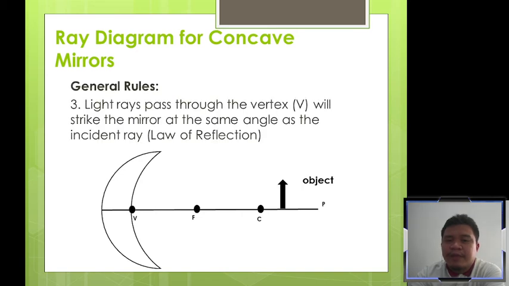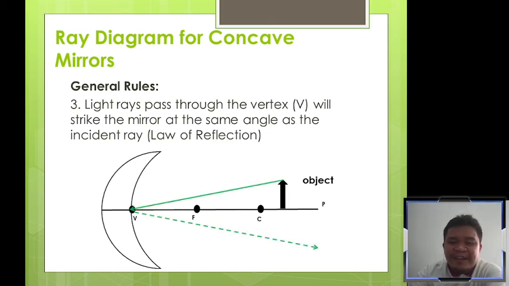Rule number 3, light rays that pass through the vertex V will strike the mirror at the same angle as that of the incident ray. This is what you call the law of reflection, right? As you can see, we assume that the green light ray there enters and leaves the mirror at the same angle from the principal axis.